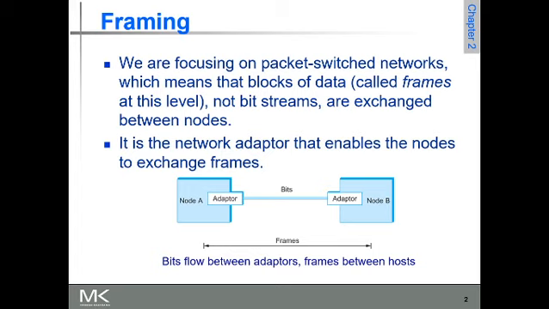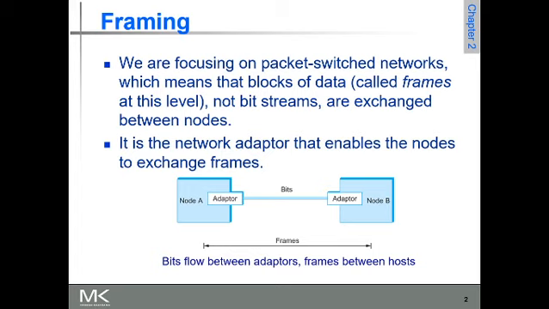Network adapter enables the nodes, you can see here two nodes, node A and node B, to exchange frames. When node A wishes to transmit a frame to node B, it tells its adapter to transmit a frame from the node's memory. This results in a sequence of bits being sent over the link.